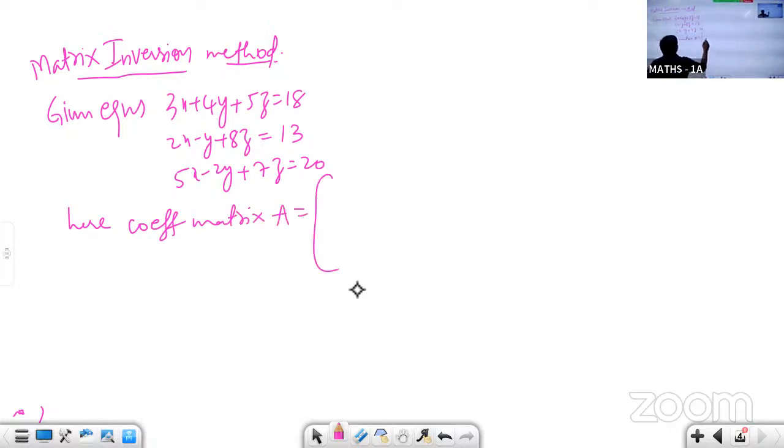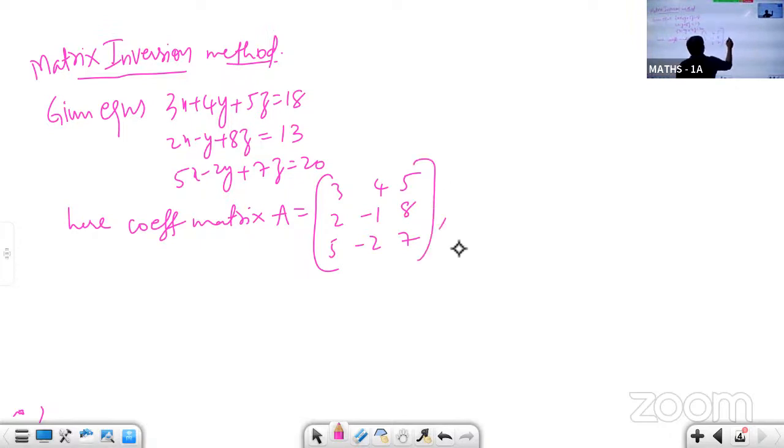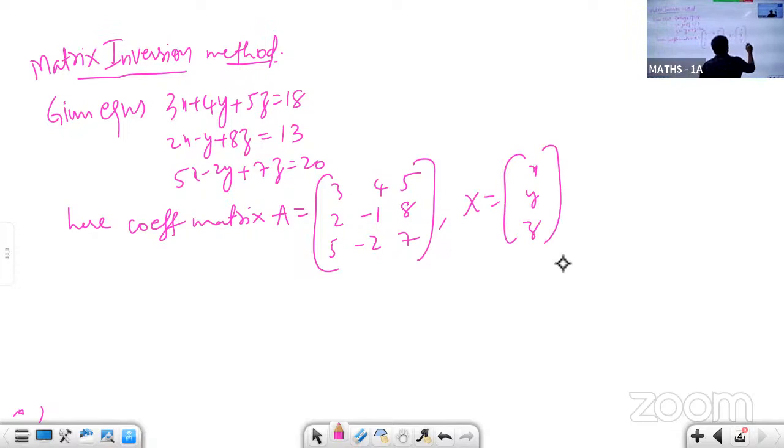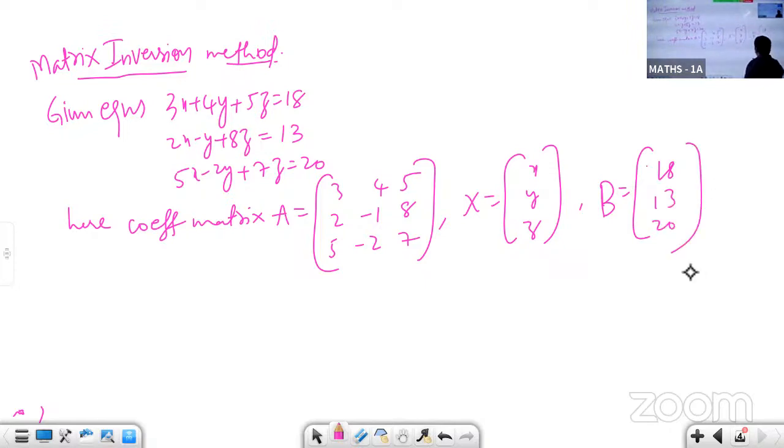Capital A, that is 3, 4, 5; 2, minus 1, 8; 5, minus 2, 7. What is your variable matrix? X, Y, Z. And what is your constant matrix? Ax equal to B or Ax equal to D. Okay. B you write, no problem. Anything is fine. 18, 13, 20.